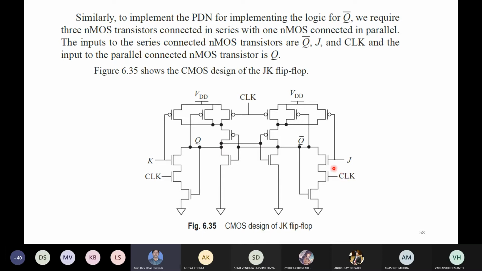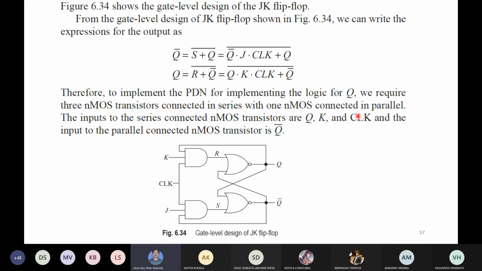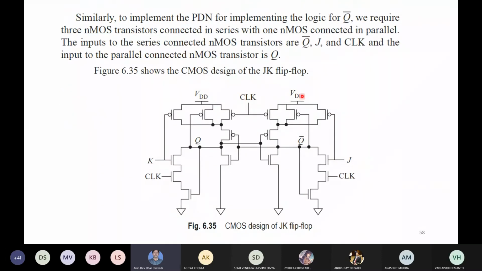It's ending, and then another OR function will be implemented by this transistor, where J and CLK and Q bar, then OR of Q. So Q is required here.